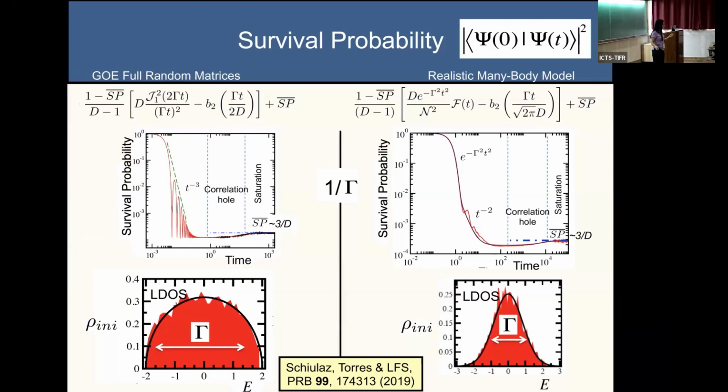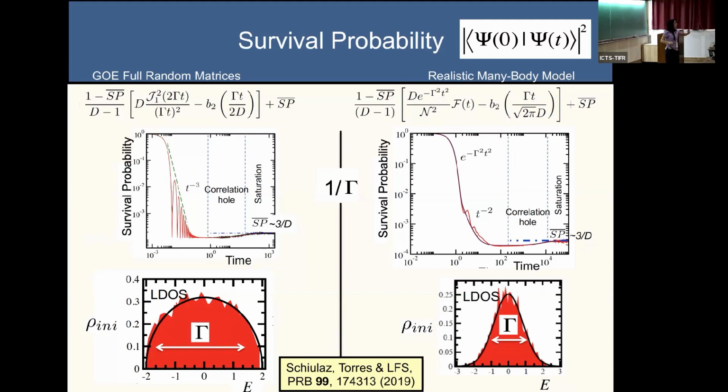The density of states of any many-body system is Gaussian, with short-range, few-body couplings, not all-to-all coupling. Because I picked an initial state in the middle of the spectrum, with strong perturbation, I'm going to have this Gaussian shape as well. So this is general.